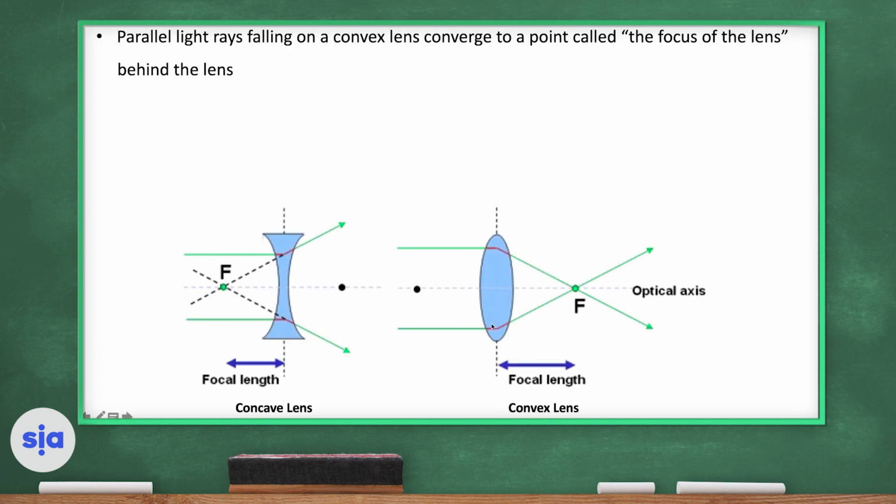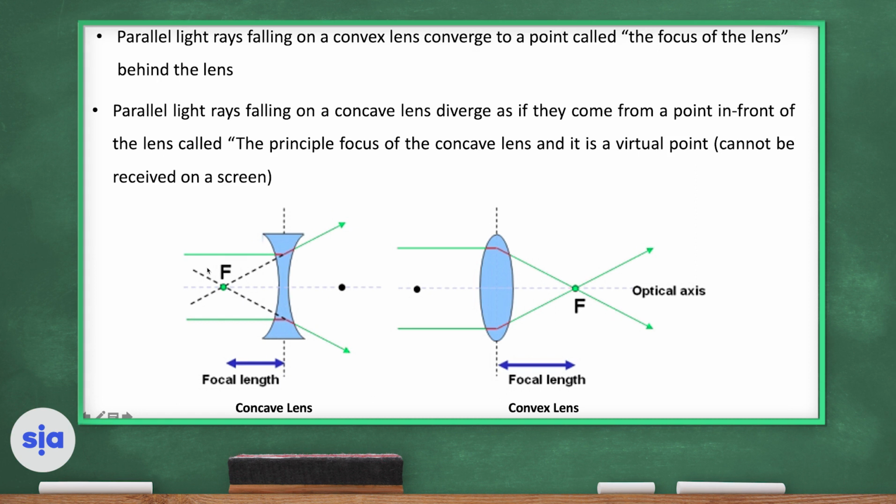Parallel light rays falling on a convex lens converge, as we said before, to a point called the focus of the lens, and it is behind the lens. Parallel light rays falling on a concave lens will diverge, will separate away, and they will appear to come from a point in front of the lens.